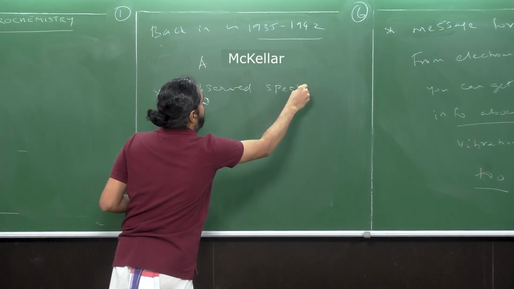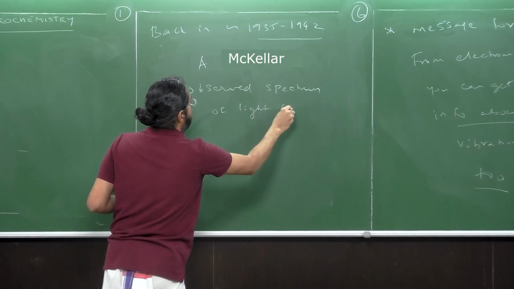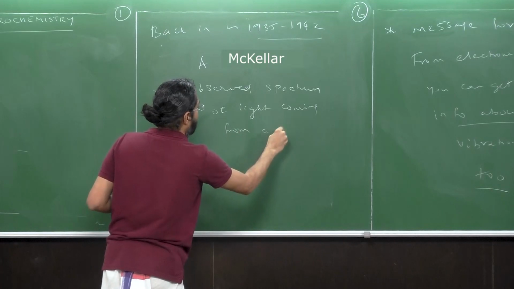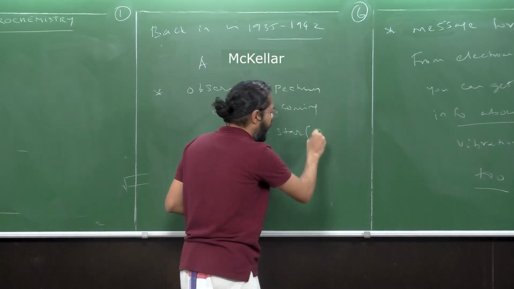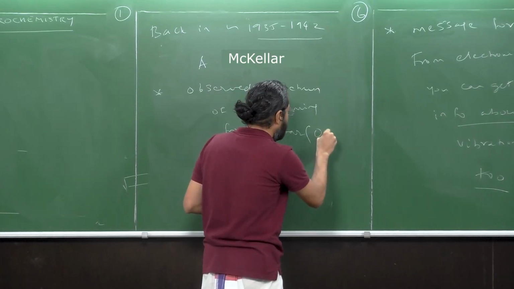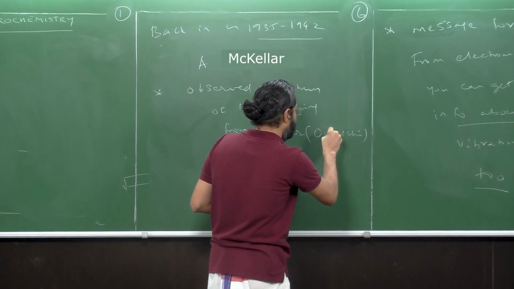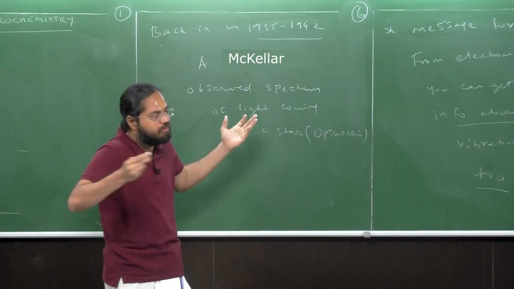They observed the spectrum of light coming from a star. If I'm correct, the star's name is something like, I don't know how to pronounce it, OPIUICHI is the correct spelling, if I recall.